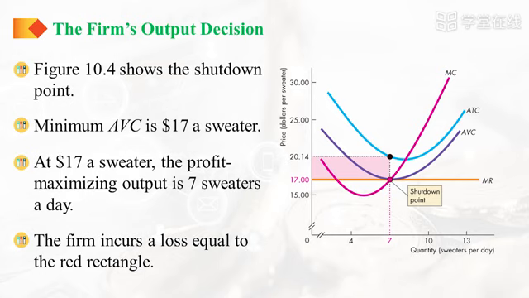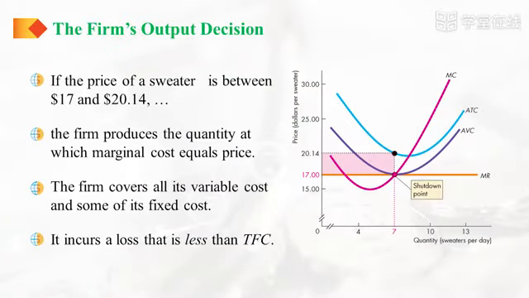We know that when the output is 7, the ATC tells us that the average total cost is 20.14. This means that the firm is suffering a loss, and the loss equals the rectangle, which in this diagram is TFC. So now the price of a sweater is 17 and the cost is 20.14.